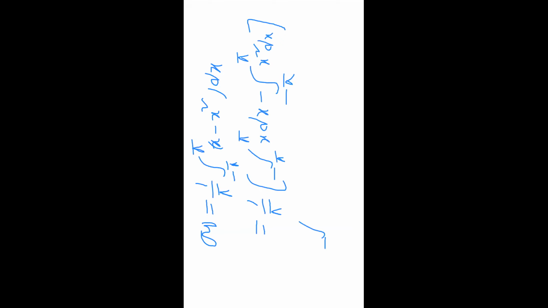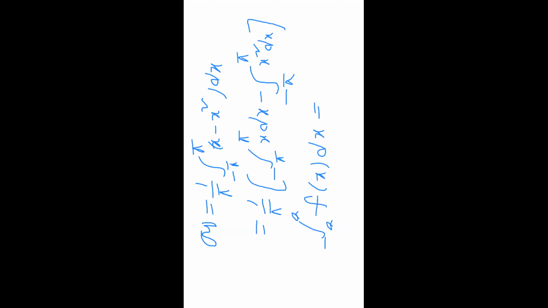We have to separate the integration of two functions. One is minus pi to pi x dx, and another one is minus pi to pi x square dx. Applying even odd integration: integral minus a to a f of x dx, where the limits of the integration are negative to positive.